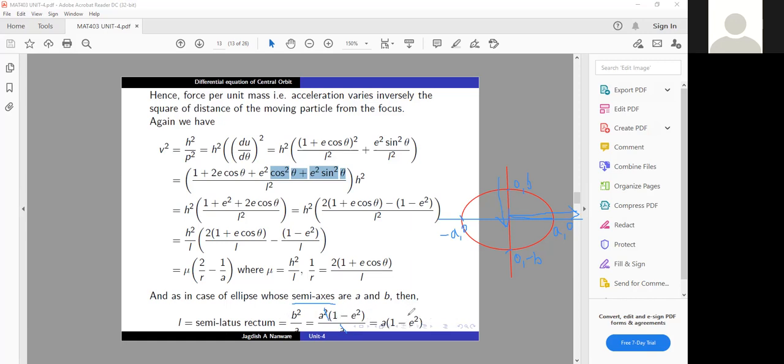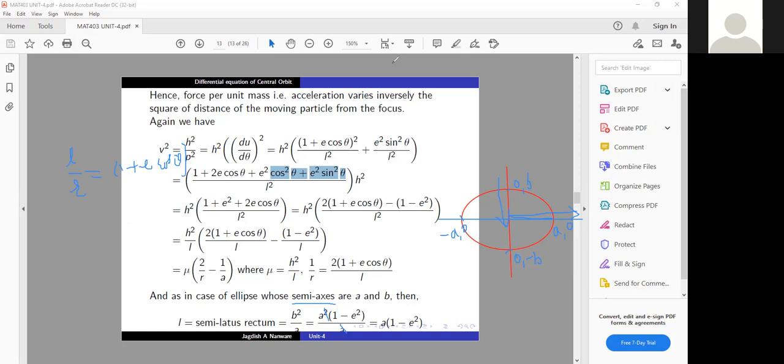So if we know the eccentricity of this ellipse, we are able to find the semi-latus rectum, because the given equation is L upon R is equal to 1 plus e into cos theta. This is the equation of an ellipse in polar form. So e is given. If you know the points A and B, then L can be determined.